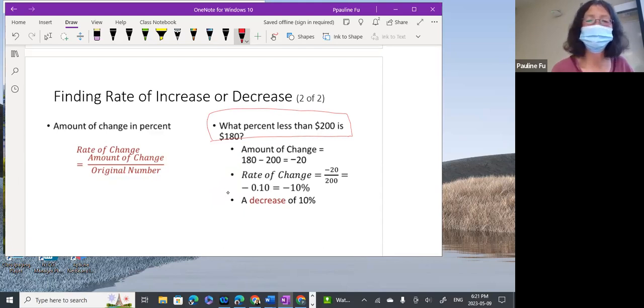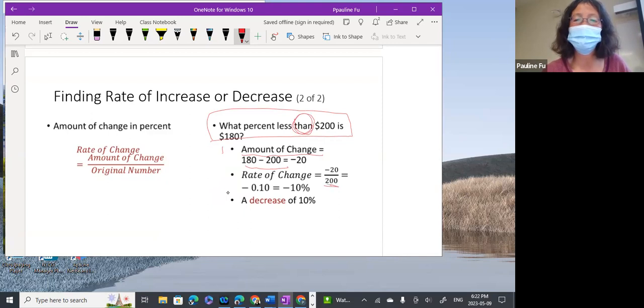So, two steps. First, you figure out the amount of change. This time, you use 180 minus 200 because it said less than 200 is 180. Then the keyword "than": you divide by 200.